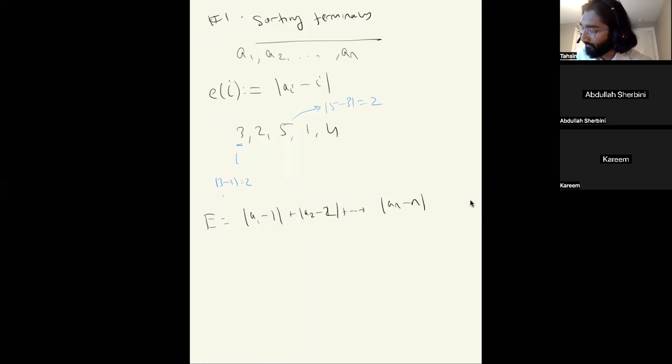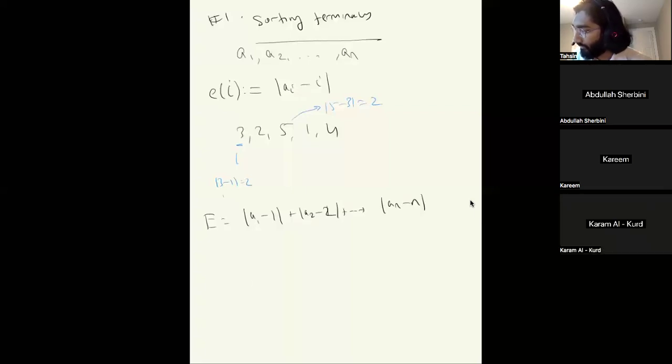Yeah, that's right. Maybe the example you wrote before, 3 and 2. Yeah, so for 3 and 2, let's look at what happens. So what's the issue? The issue is that 2 is already where it wants to be. So when you swap them, 2 actually becomes further from its final destination.